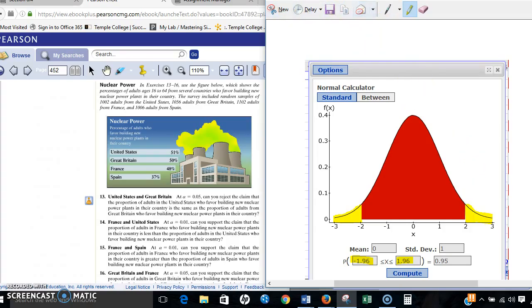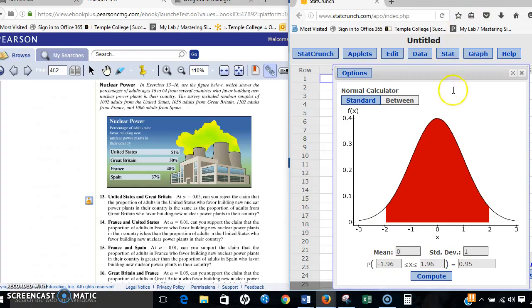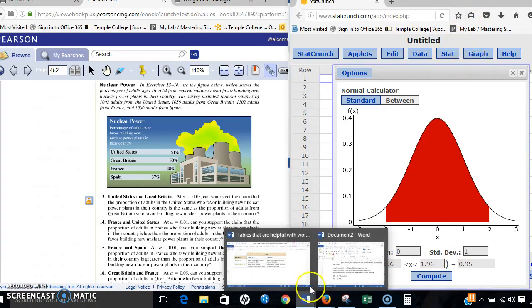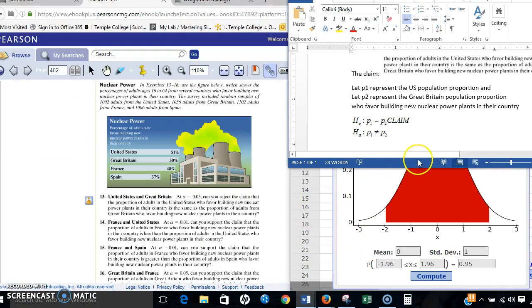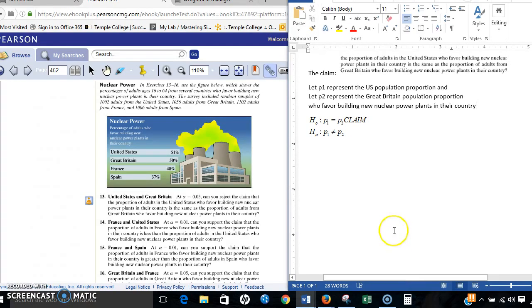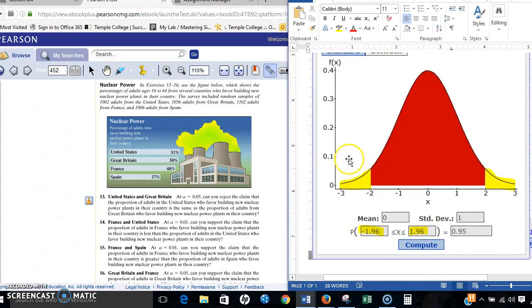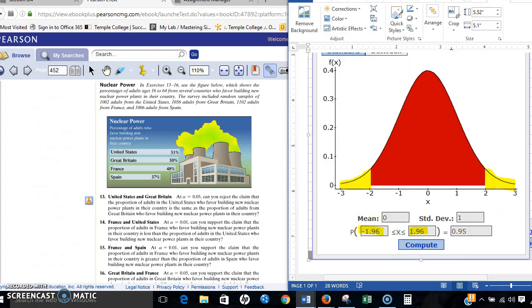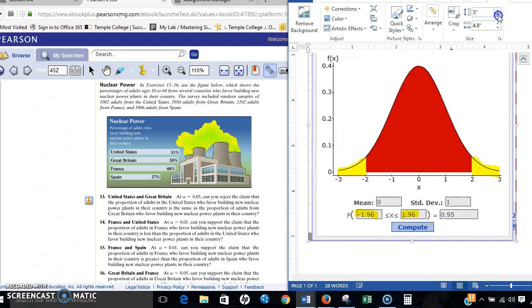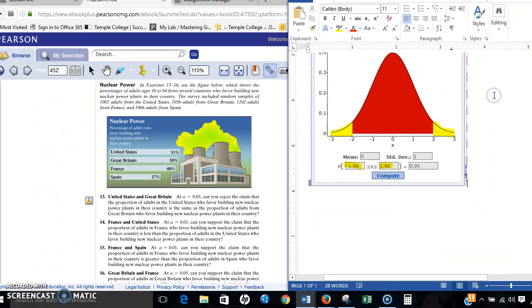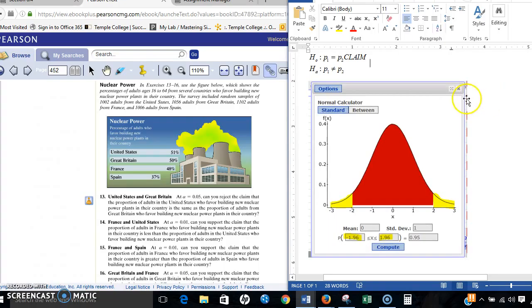So I'm going to copy this and go back to my Word document that we were looking at. And I will add that to the document because what I want to do is to use this picture to, I'm going to make it a lot smaller so that we can actually write beside it.